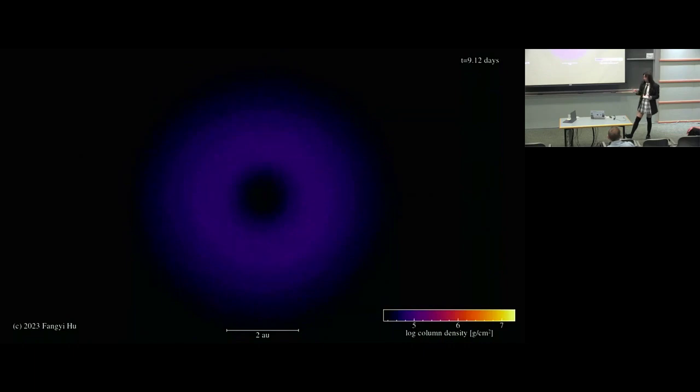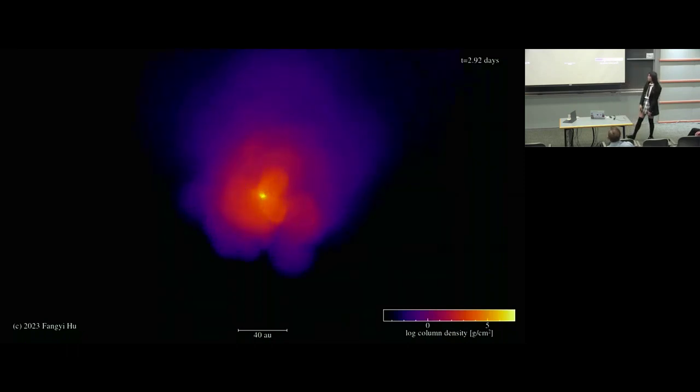But one thing that's usually ignored in past simulations is that we all look at those high density parts, so that column density range is pretty high. But if we zoom out by 20 times and look at a bigger density range, into the lower density gas, we see there's much more going on.